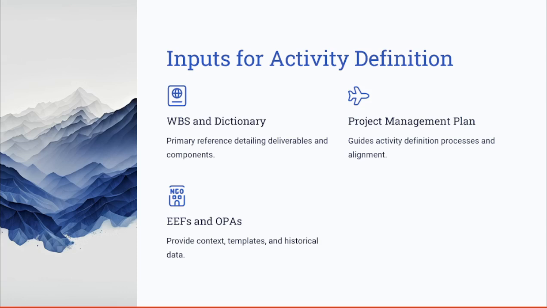The project management plan offers the guidelines and policies to ensure the activity definitions align with the project's overall objectives. Additionally, the EEFs, like market conditions, and OPAs, such as templates and historical data, provide the context and the tools needed to standardize and streamline this process.